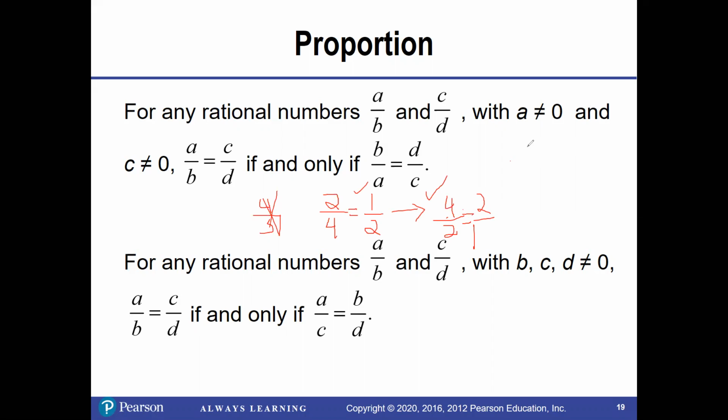Well, it comes in handy if I have something like 3/5 is equal to 1 over x. If I know that's equal, and I'm trying to solve for x, couldn't I flip the 1 over x to become x over 1, and then flip these to be 5 over 3?